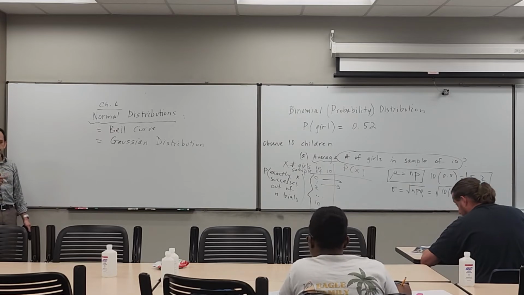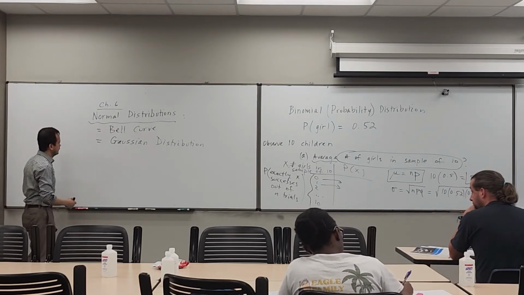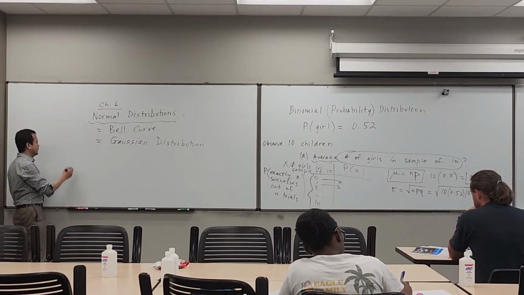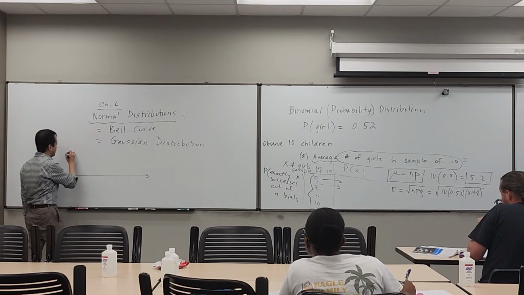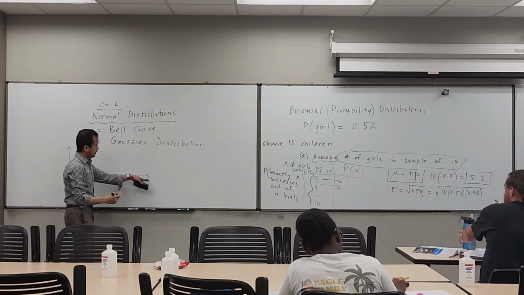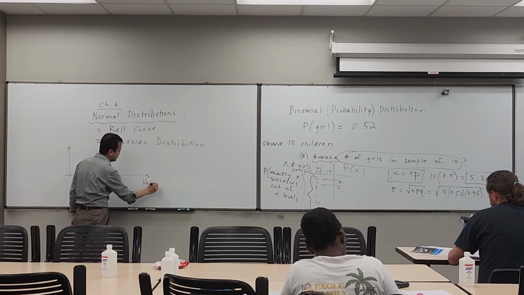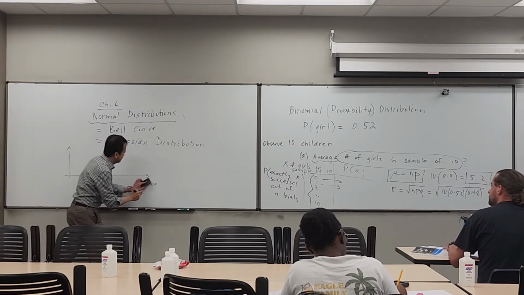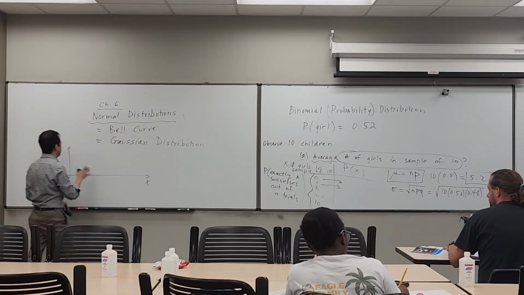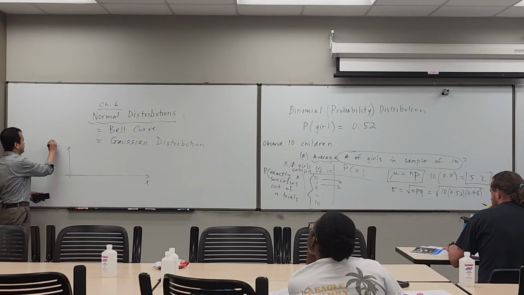Earlier in the semester, we talked about a bell curve. We started introducing it. Recall that a bell curve is a distribution where you're looking at, on the x-axis, values of a certain variable, let's just say x, and then on the y-axis, how often that value occurs, let's say p of x.